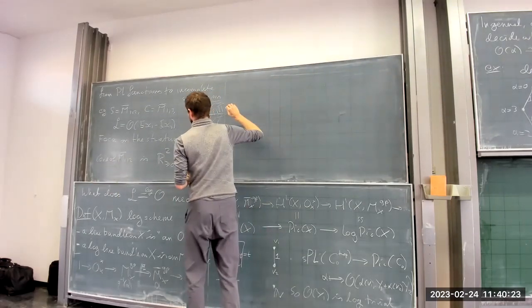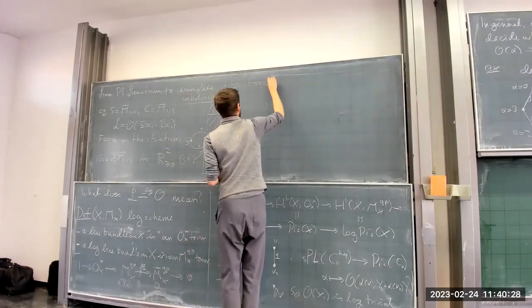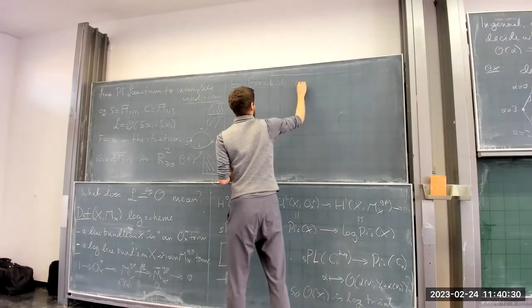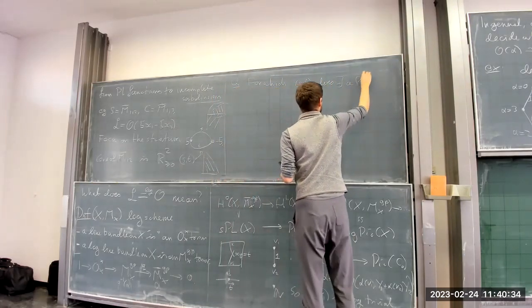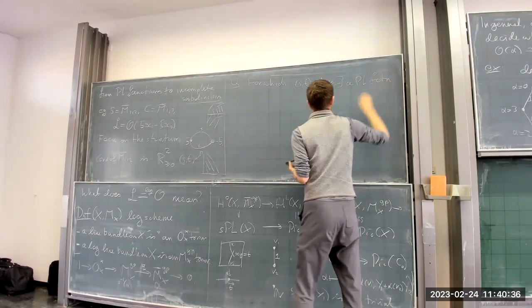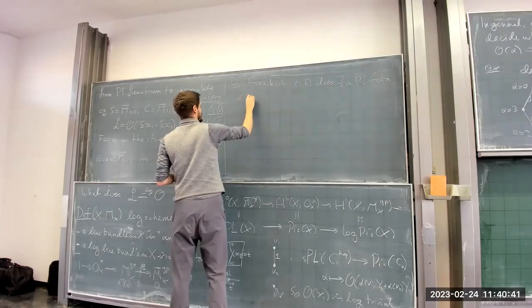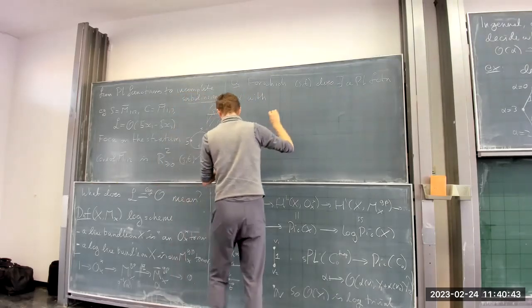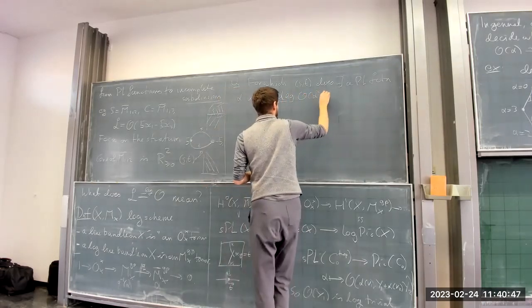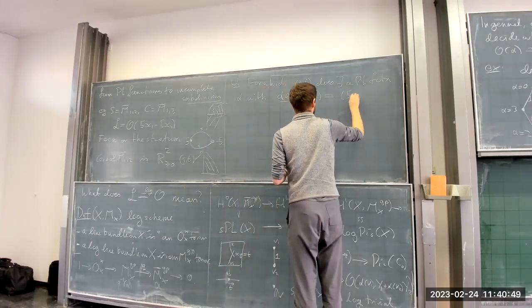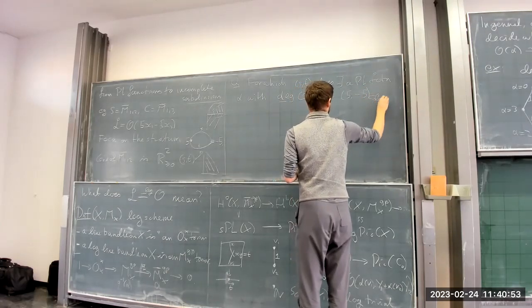So the question is, does there exist a piecewise linear function with integer slopes alpha, say the degree of alpha equal to 5, minus 5.